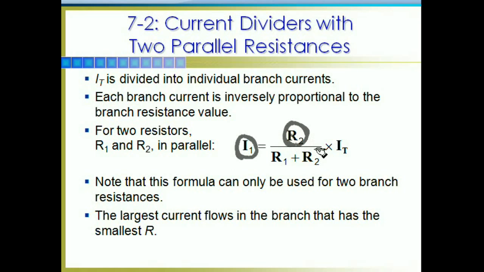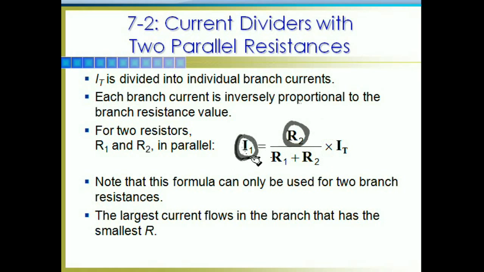Once again, current is inversely proportional to resistance. So the branch with the smaller resistor is going to have the higher current. So we're taking the inverse proportionality with a 2 resistor set here.